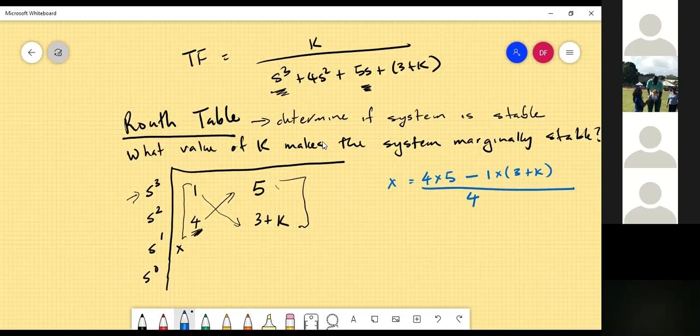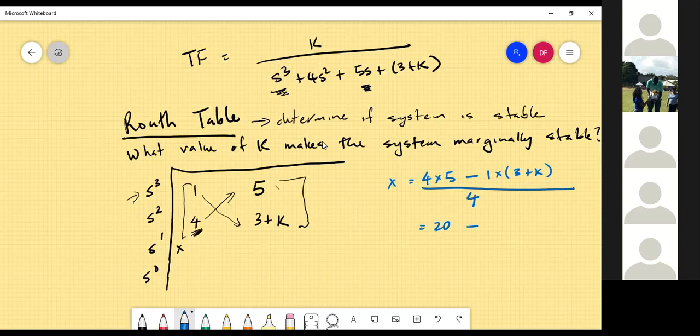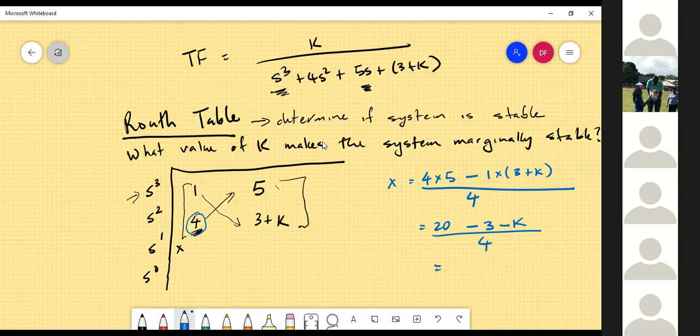We start with the pivot and go across, and then when we finish, we multiply by 1 over the pivot. So that's 20 minus 3 minus k, and this one is 17 minus k over 4.